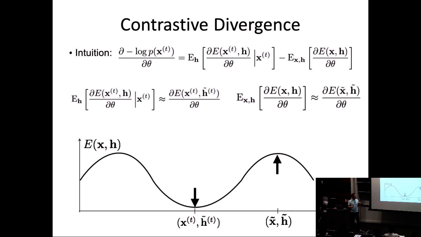But for clarity, let's just say you sample one hidden state. That's the energy. And then the second term, or expectation of the derivative, is just the derivative of the energy at this point. Right? So if you look at the log likelihood objective, you're really trying to lower the energy for the positive phase and increase the energy for the negative phase.